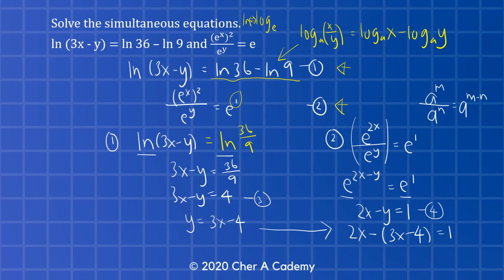When I simplify this, 2x minus 3x plus 4 equals 1, so my x will be equal to 3. And this tells me that my y, if I sub in here, 3 times 3 is 9, 9 minus 4 is 5.